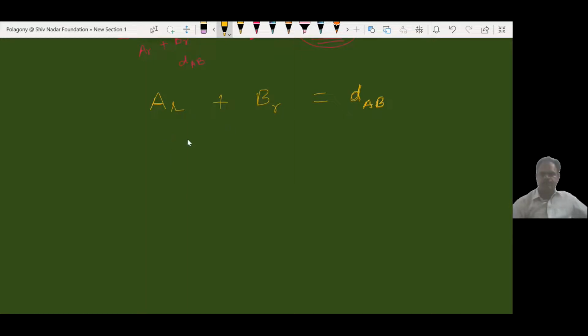Or if you want the radius of A atom, it is equal to the bond length AB divided by 2.